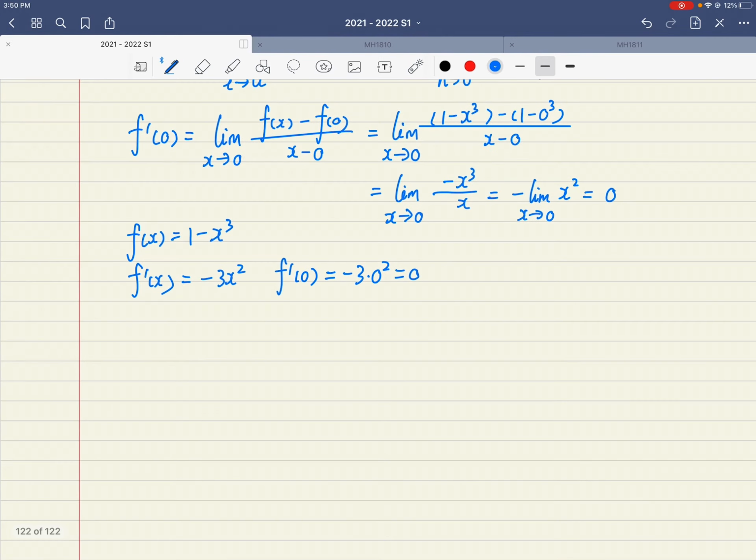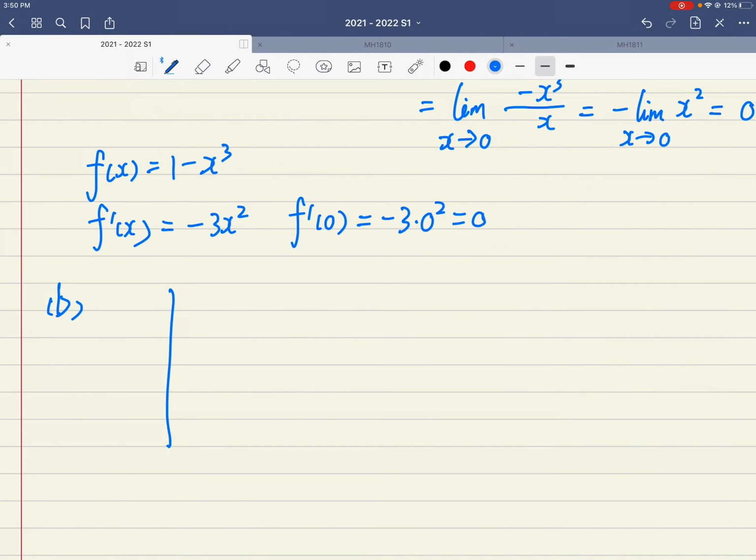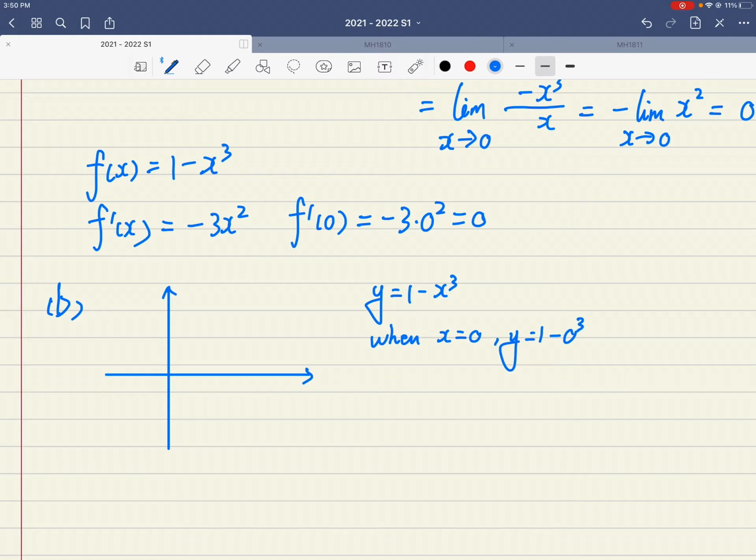Right, so part B: use what you get from part A to get the equation of the tangent line at the point (0, 1). So first, y is equal to 1 minus x cubed. When x is 0, y is 1 minus 0 cubed, which is just 1.